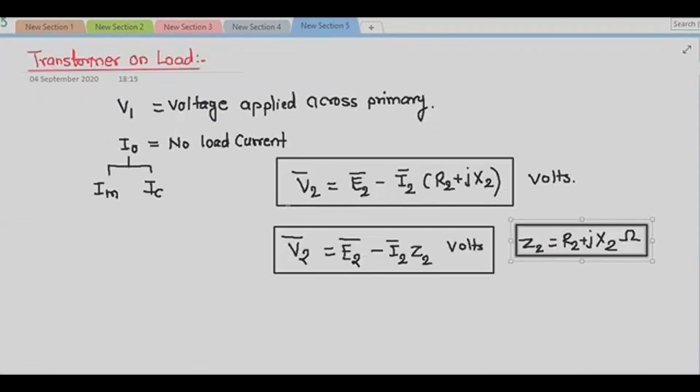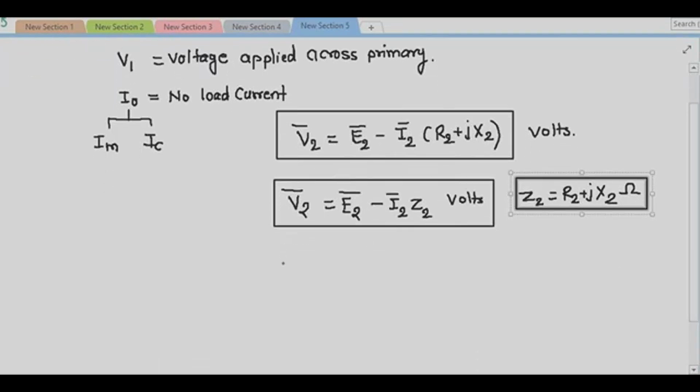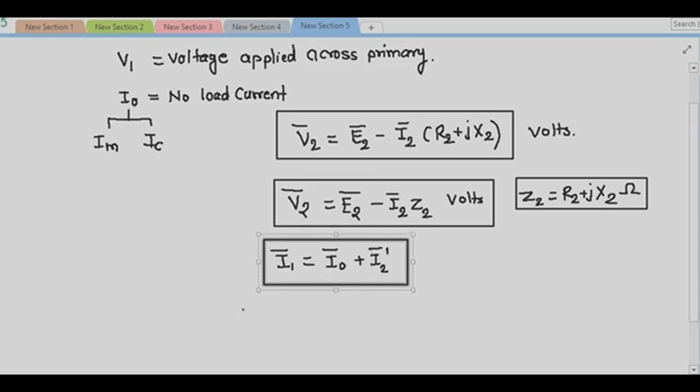So, students, I can write down that my primary current is the vector sum of the no load current and the load component of the primary current. The vector sum of these two currents is the total current drawn by the primary winding from the source.